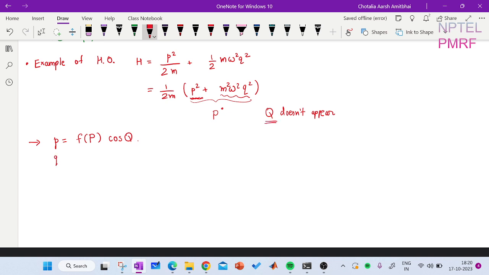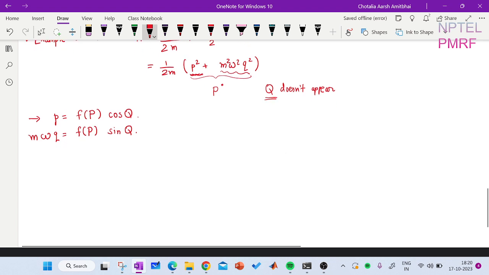So small q is the same function of p with sine q. Rather, m omega q, because we want to take out f of p common.